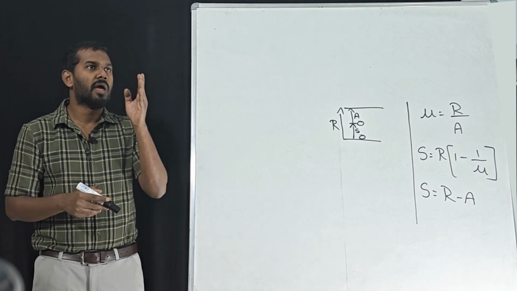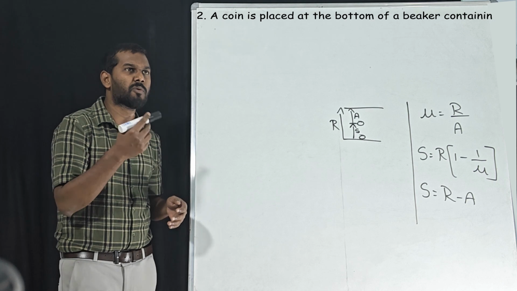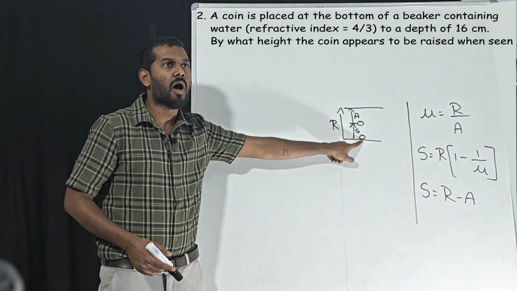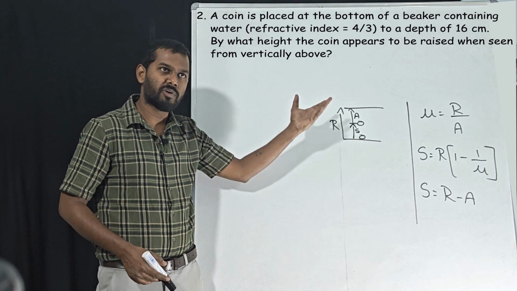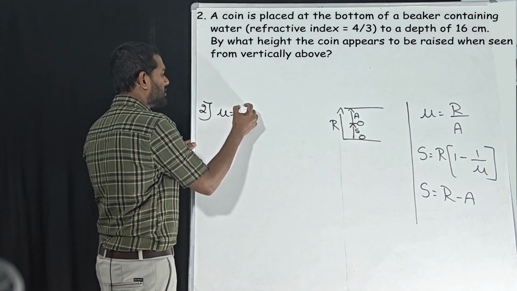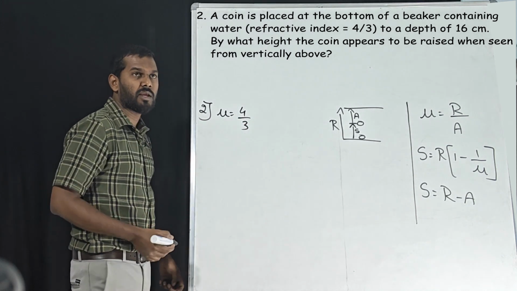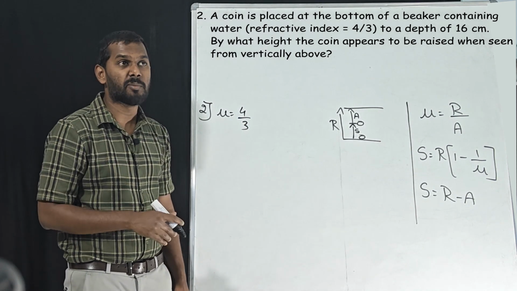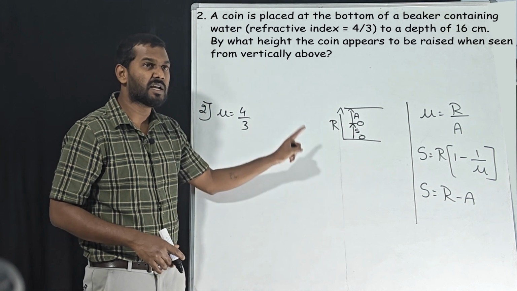Our second question: a coin is placed at the bottom of a beaker containing water of refractive index 4 by 3, to a depth of 16 centimeter.